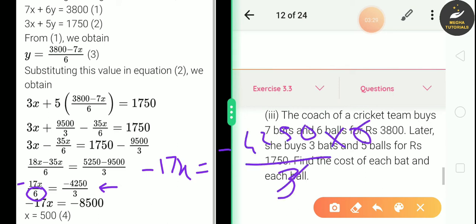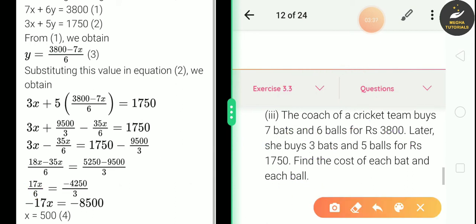So 3 ones are 3, 3 twos are 6, and multiply 4250 with 2. So we will get minus 17x is equal to minus 8500, then x is equal to minus 8500 upon minus 17, which is equal to 500. So x is equal to 500.